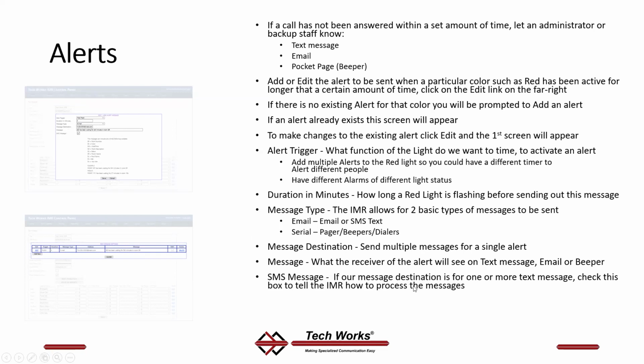SMS message: if our message destination is for one or more text messages, then you click this box. It'll help the IMR process it if it's SMS text. Just makes it quicker. So again, in this email address up here, you can add multiple email addresses. This list down here is commands.